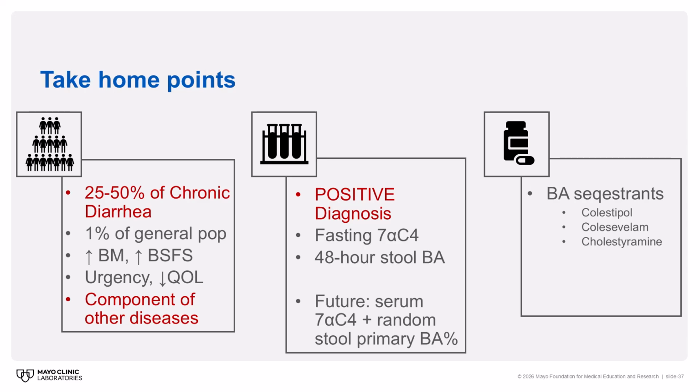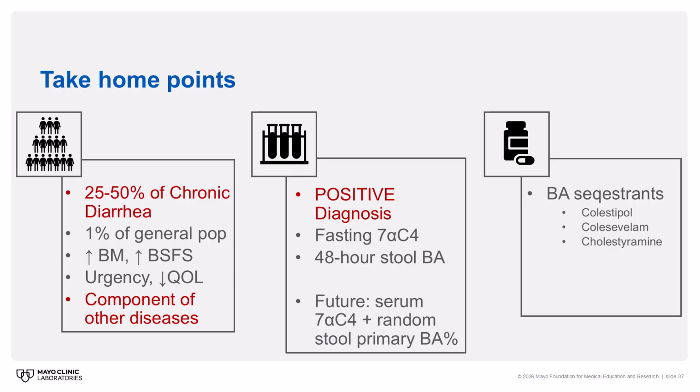We also have seen that bile acid diarrhea may be a component of other diseases, and I mentioned celiac disease, microscopic colitis, as well as diseases like ulcerative colitis or Crohn's disease that may be associated with resection of parts of the intestine.